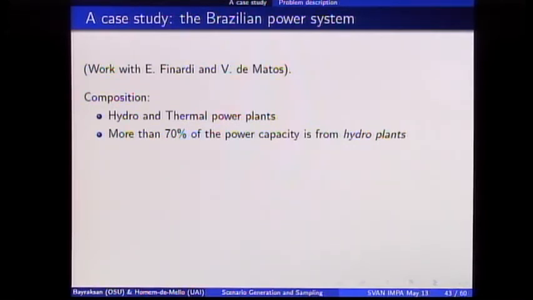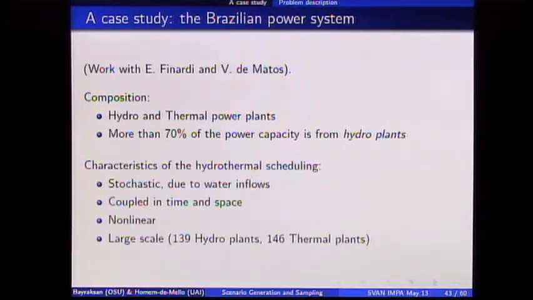So what's the idea here? Let's suppose we are working with hydro and thermal plants. We know that in Brazil, as you know well, a lot of the energy comes from hydroelectric, let's say at some point more than 70%. The main thing here is that in the hydrothermal scheduling, what's stochastic is essentially the water flows.